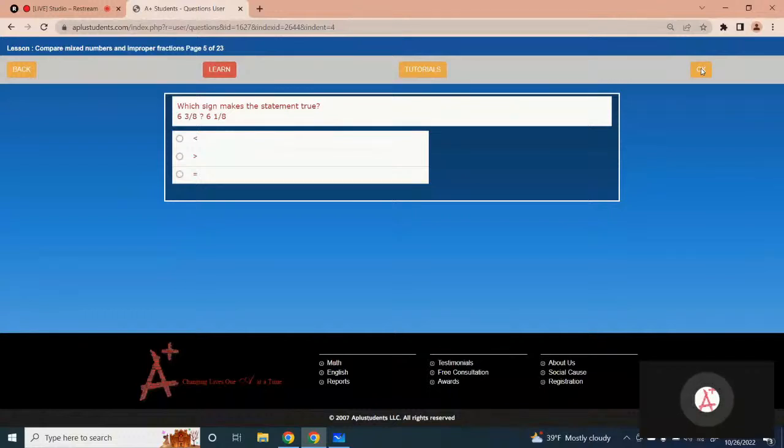Okay, 6 whole 3 by 8 and 6 whole 1 by 8. So 3 by 8 is greater or 1 by 8 is greater, because their whole numbers are exactly the same?